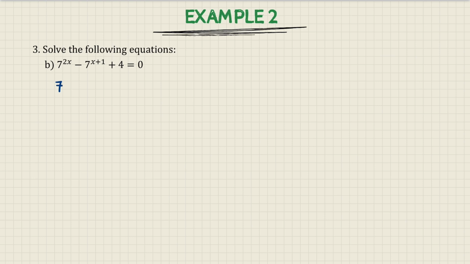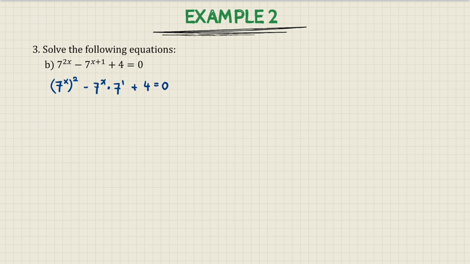So 7 power of 2x, okay, ataupun kejap saya tulis sebagai 7 power of x squared, supaya dia nampak dengan jelas lah. Minus 7 power of x multiply by 7 to the power of 1 plus 4 equals to 0.